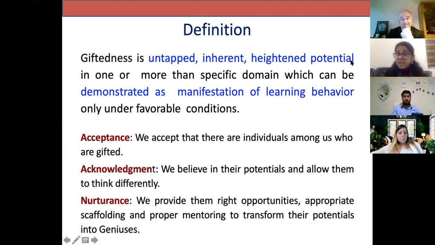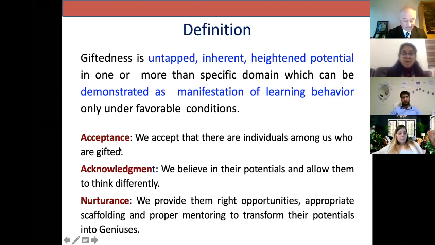It is yet a potential, it is yet to be converted into ability and achievement. And it can be in one specific domain and it can be in more than one specific domain. Another important criterion is, it has to be demonstrated as the manifestation of learning behaviors only under certain contexts. So what were these three favorable conditions?